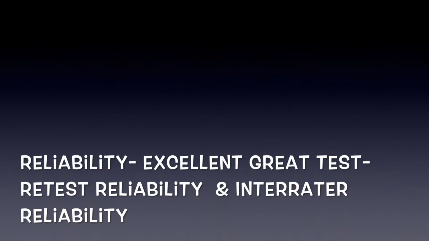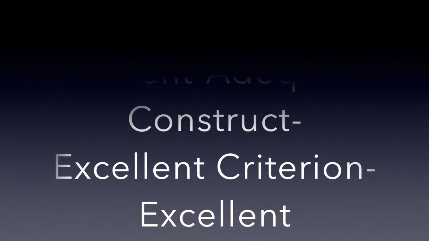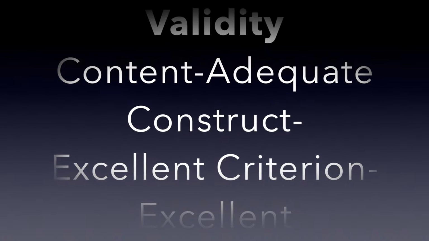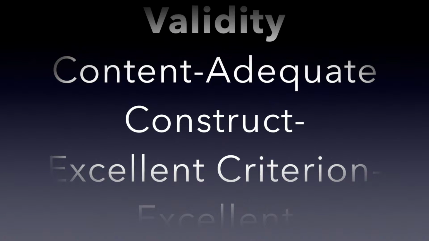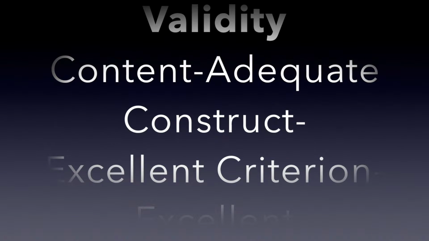The reliability of the MoCA is excellent with great test-retest reliability and inter-rater reliability. The validity was adequate to excellent: the content validity was adequate, construct validity was excellent, and the criterion validity was also excellent.